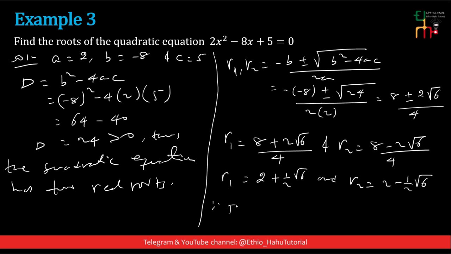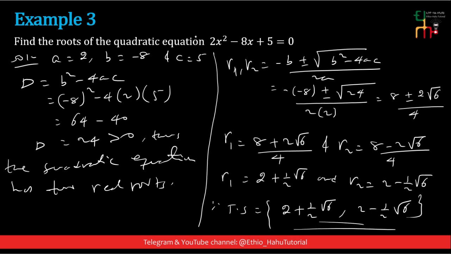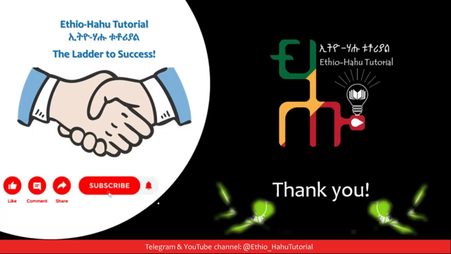Therefore, the true set is 2 plus 1 over 2 radical 6 and 2 minus 1 over 2 radical 6. These are the roots of the quadratic equation 2x squared minus 8x plus 5 is equal to 0.